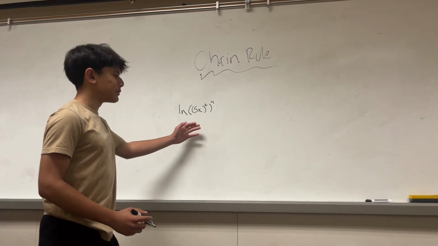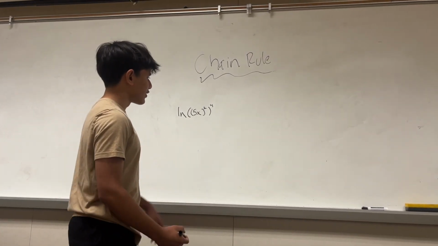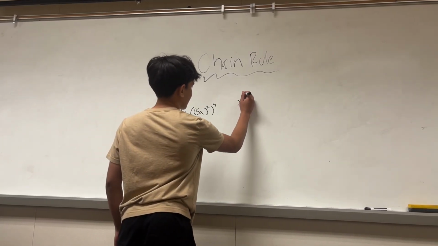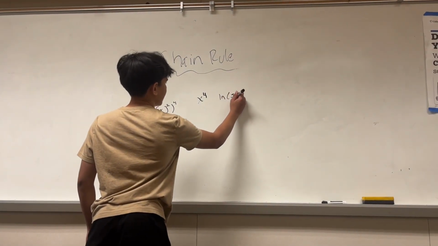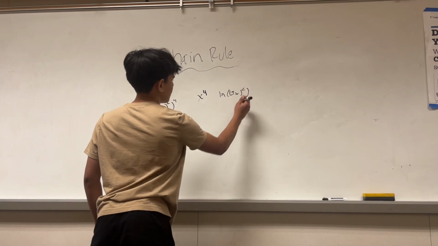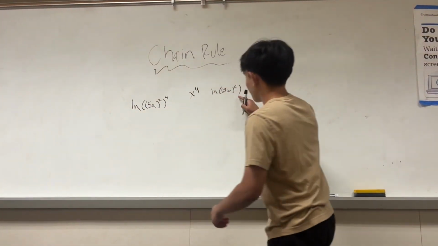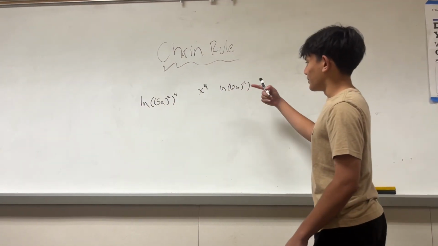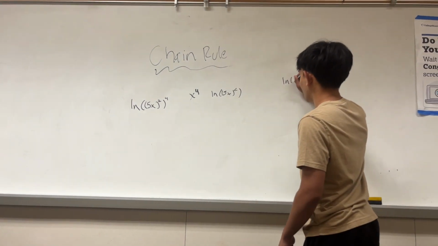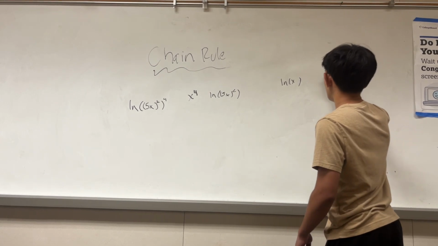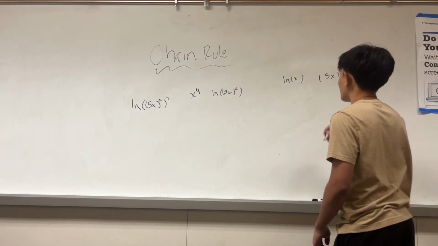Okay, sometimes you have problems like this, right? The outside function in this is x to the power of 4, and the inside function is ln of 5x squared. And then you're supposed to do the chain rule for this again, because you cannot just do it in your head. So it would be ln, because that's the outside function, of x, and then the inside function would be 5x squared.